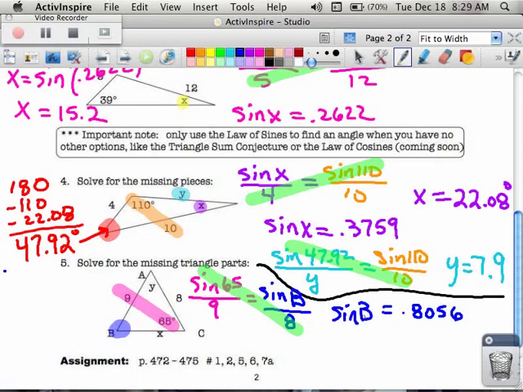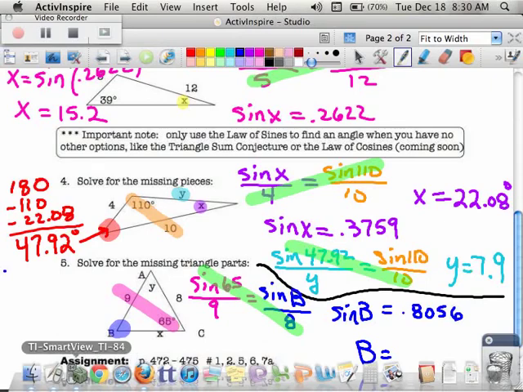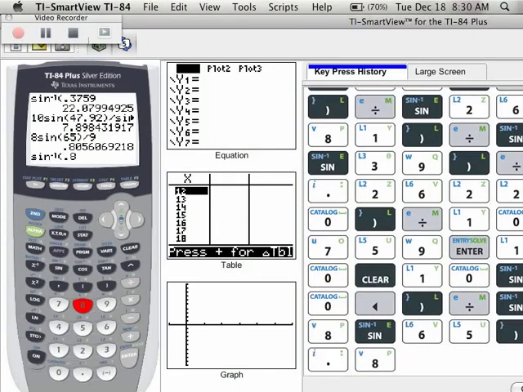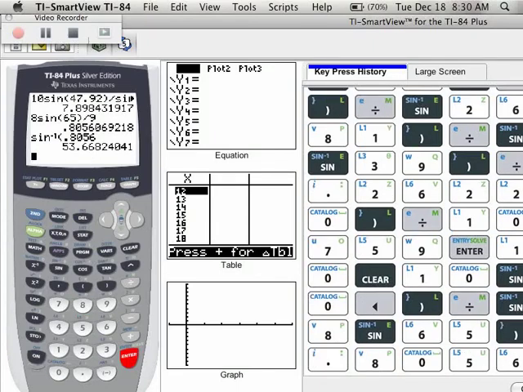I don't want the sine of B, so I have to do the inverse sine to find that angle. So I do second sine, 0.8056, and I get 53.67.